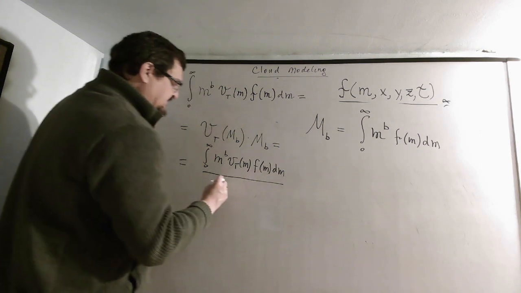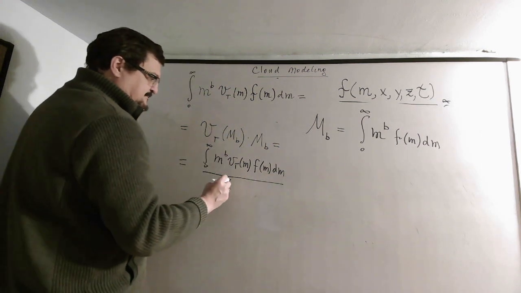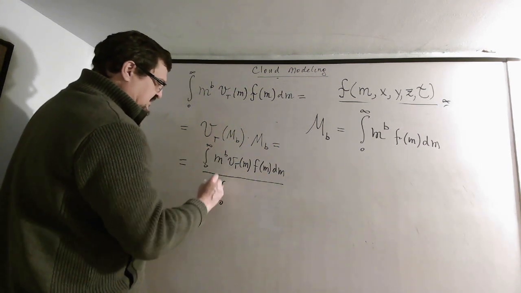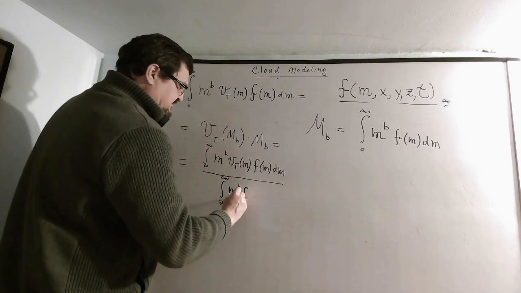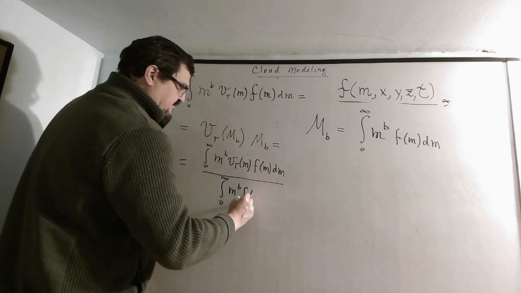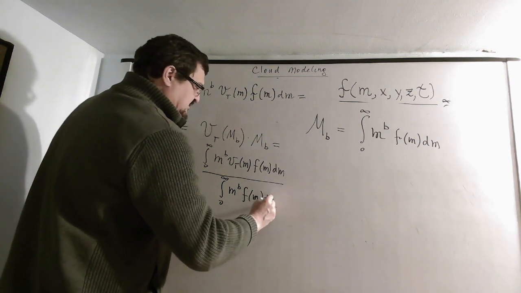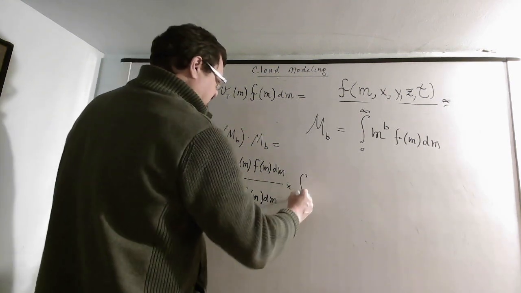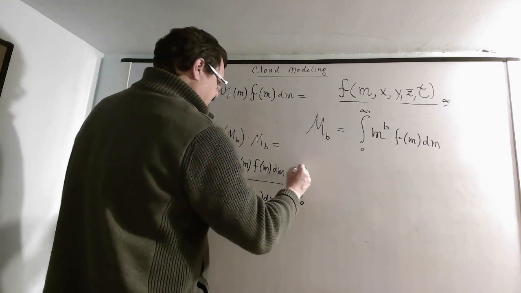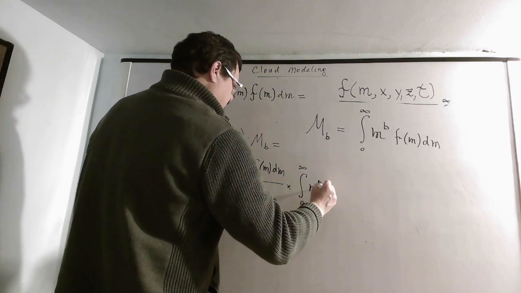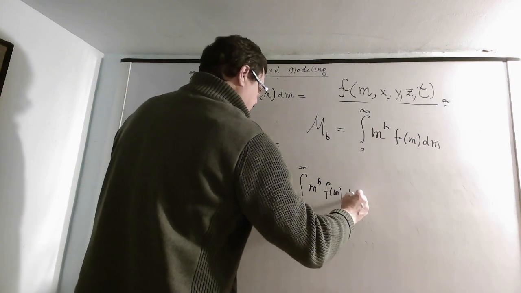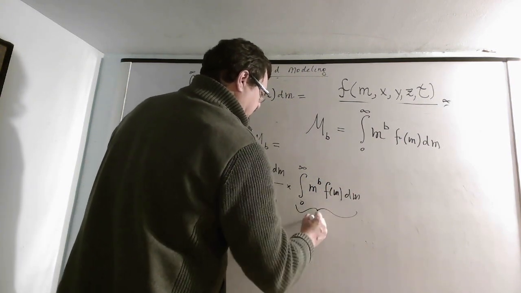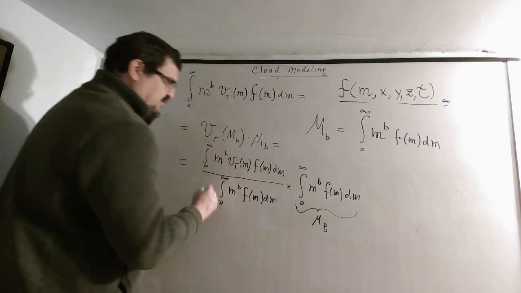And now you divide it by m^b, which is the integral of m^b f(m) dm, and you multiply by the same. So you didn't change anything.